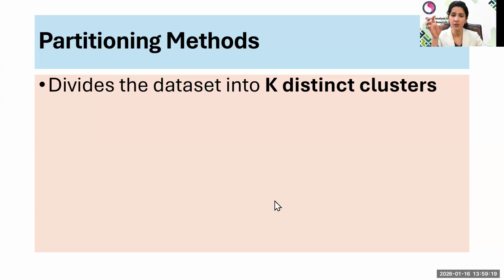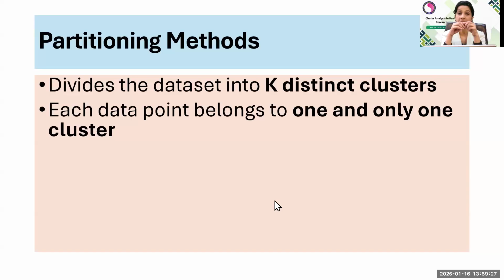There are ways to decide the number of clusters, and we will talk about that also. Each data point belongs to only one cluster. There is no overlap. That's how the name is; partition means there is no overlap.